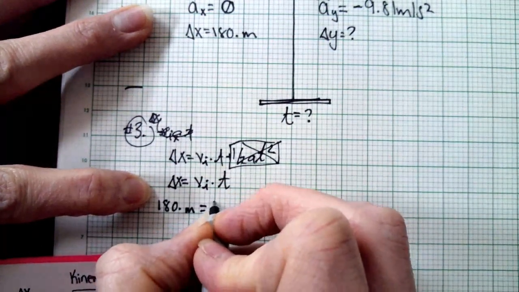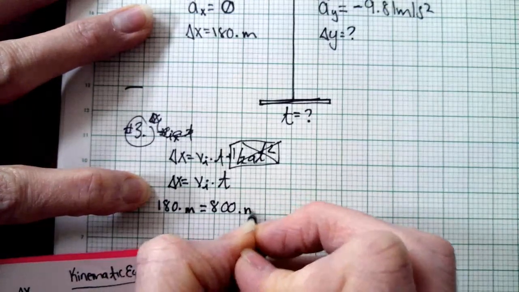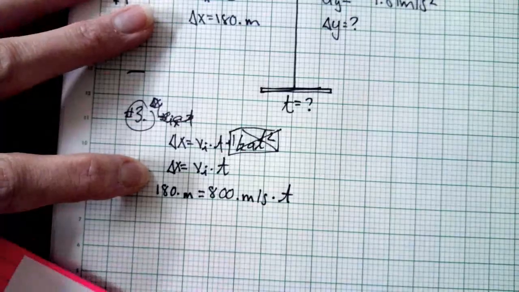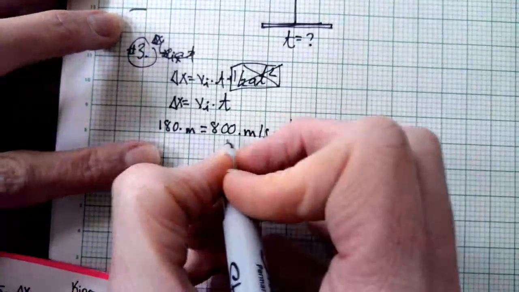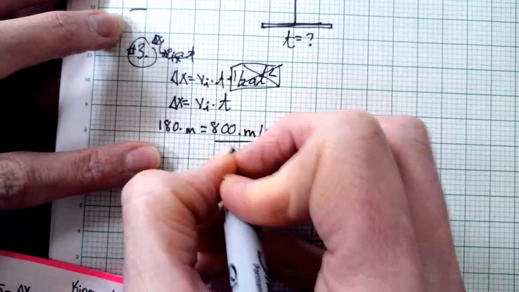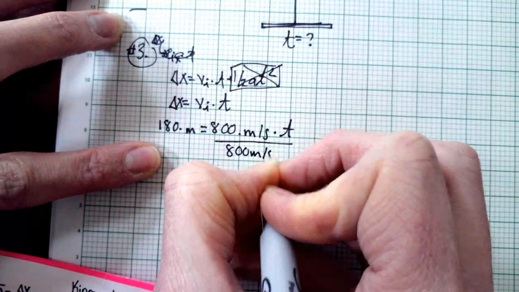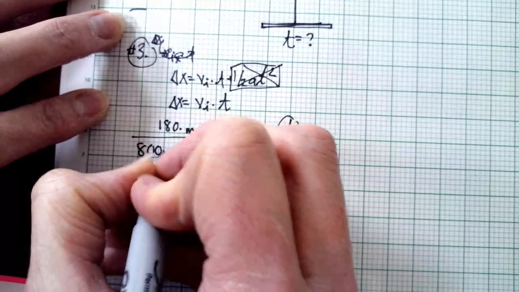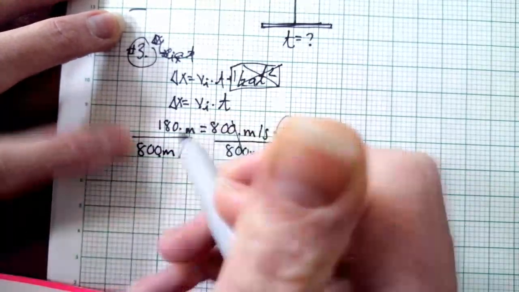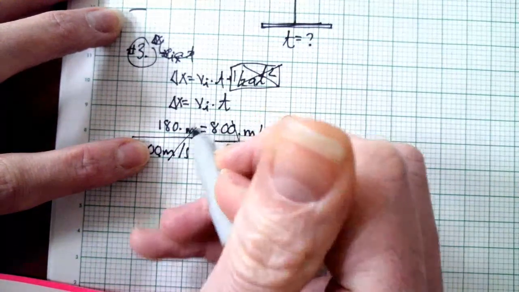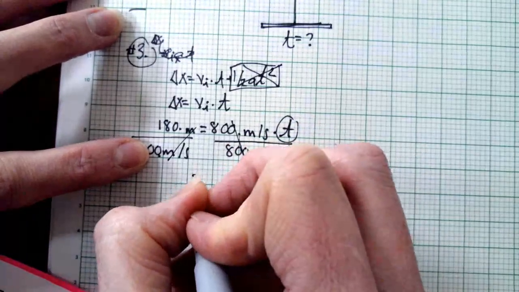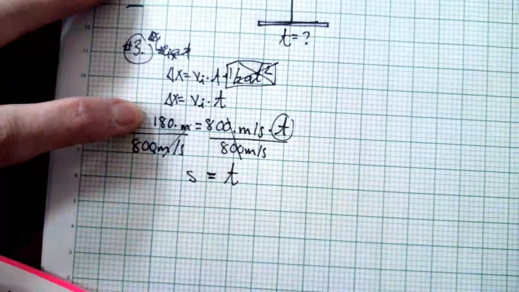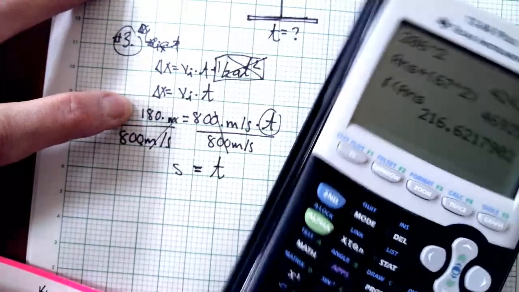My v initial is 800 meters per second times time. Now to get time by itself, I'm going to divide, because it's multiplication, by meters per second. So that crosses off, and time by itself equals 180 meters divided by 800 meters per second. Meters divided by meters cross off, and 1 over 1 over seconds gives me a unit of seconds, and that's a good dimensional analysis check that my algebra was correct.